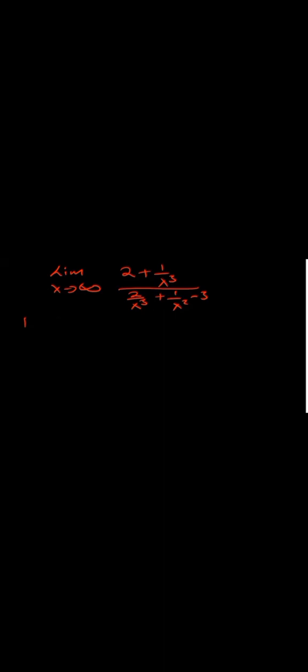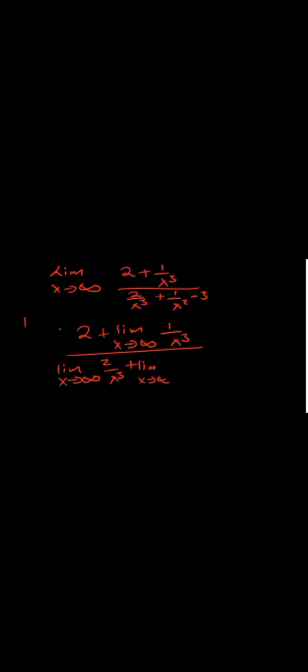So you have the limit as x approaches infinity now. We can remove this from this side and substitute now. So you have 2, and where we have x, we say the limit as x approaches positive infinity of 1 over x to the power 3, divided by the limit as x approaches infinity of 2 over x to the power 3, plus the limit as x approaches infinity of 1 over x squared, minus 3.